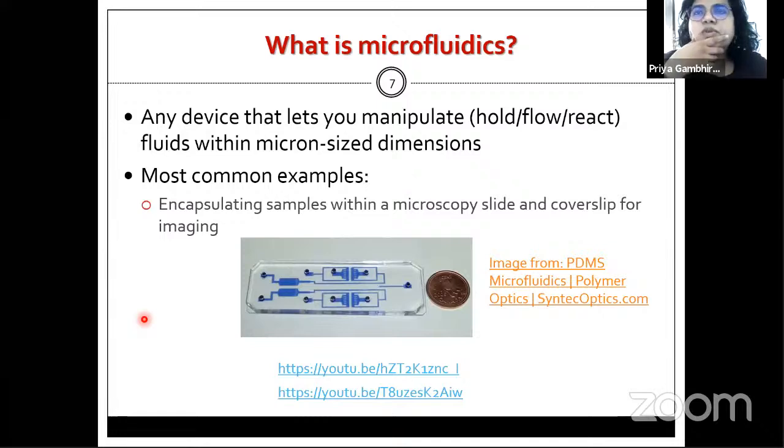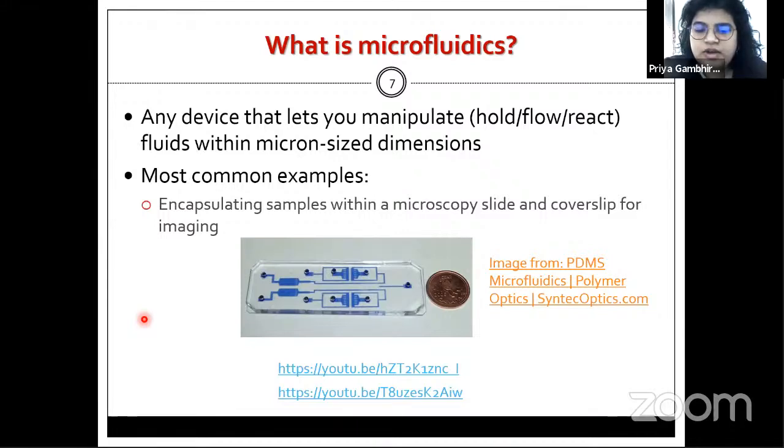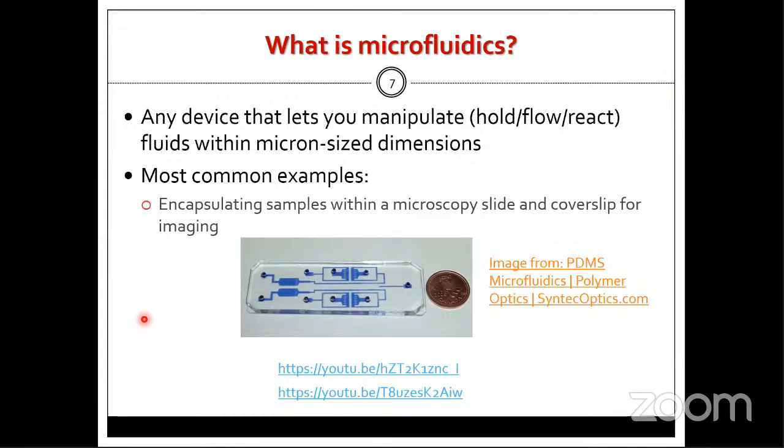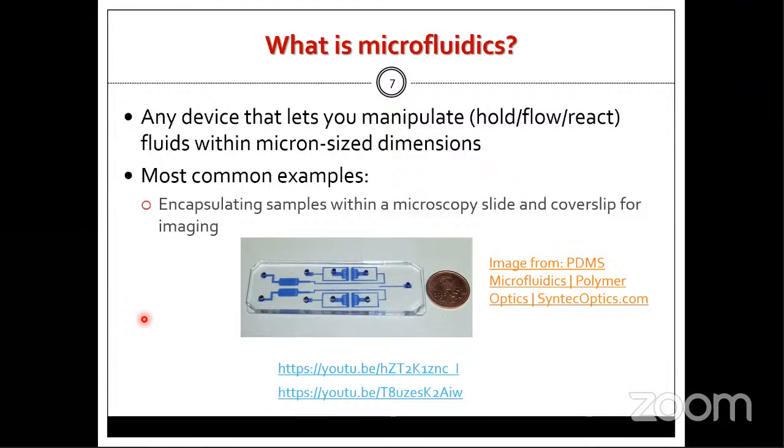Okay, let's say you want to observe a drop of blood under a microscope. What would you do? Ma'am, we will make a thin layer of our cells. Sure. So how do you make that thin layer of sample?